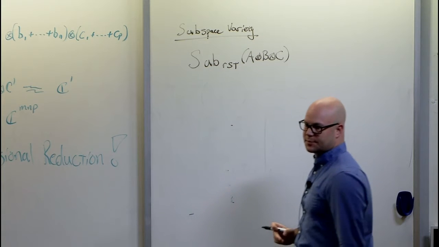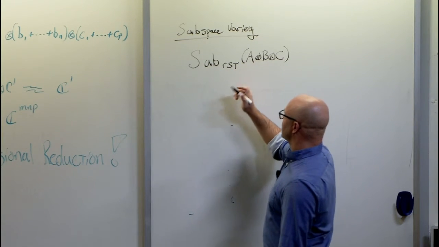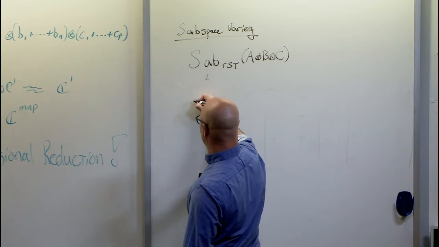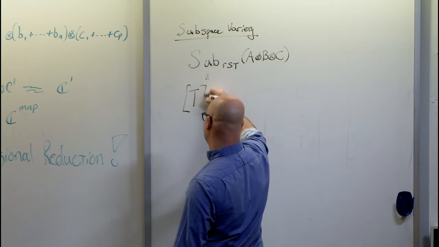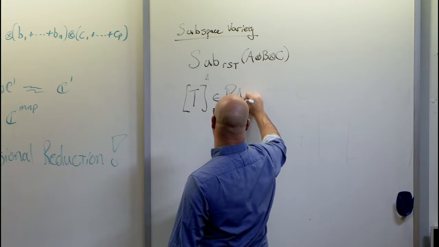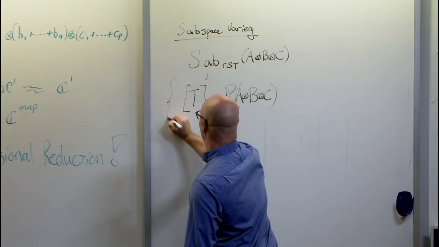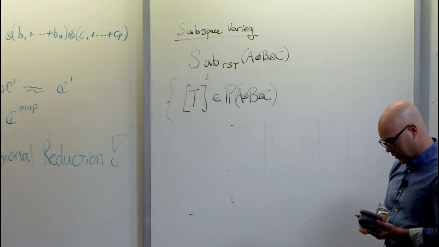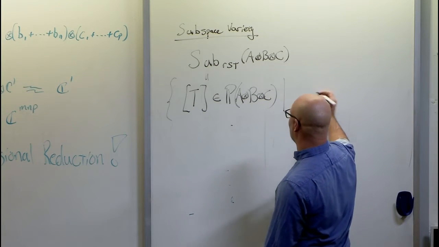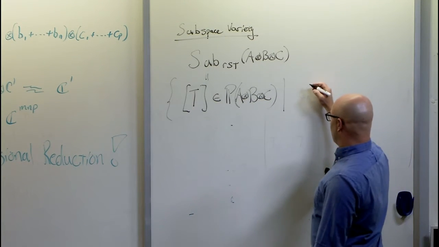The subspace variety indexed by R, S, and T is going to be the lines through tensors in P(A tensor B tensor C). Rank is unchanged by scalar multiples, so I might as well work with lines through the origin.